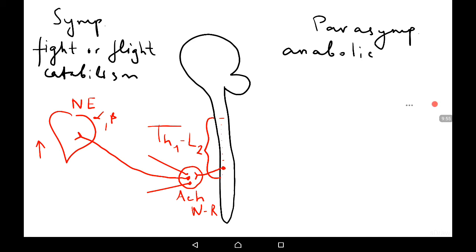The pupil of an eye dilates also to see better, the activity of the stomach and intestine decreases. Gastrointestinal tract activity decreases because during the stress it's not the best time to digest.